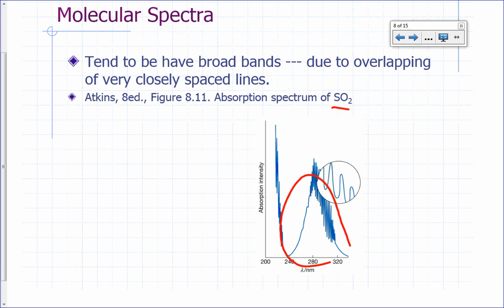But if you look at this region at high resolution, in a close-up view, you can see there are actually overlapping lines that make up this band. Molecules tend to have broad bands because of overlapping of very closely spaced lines. This is intensity versus wavelength.